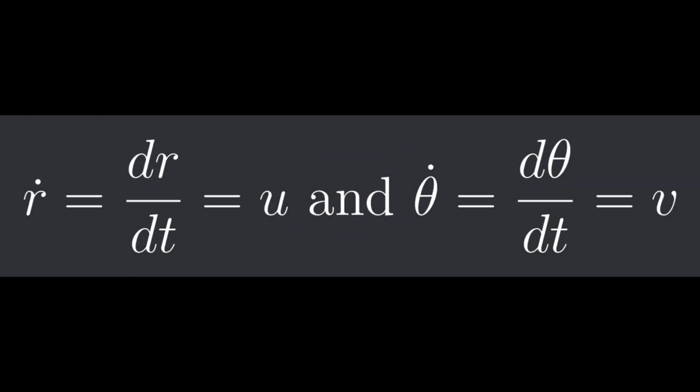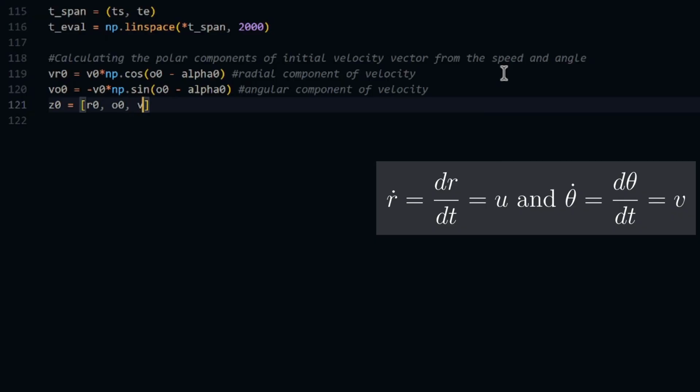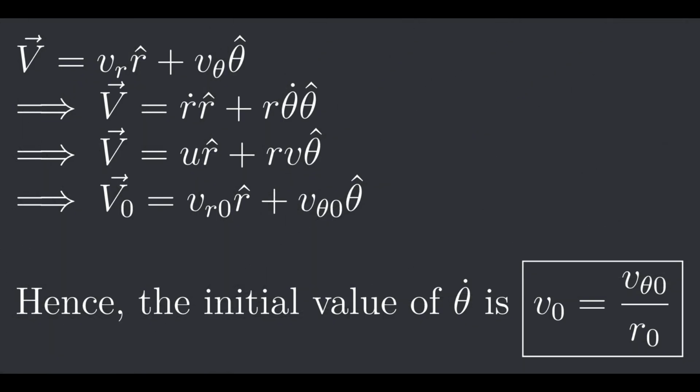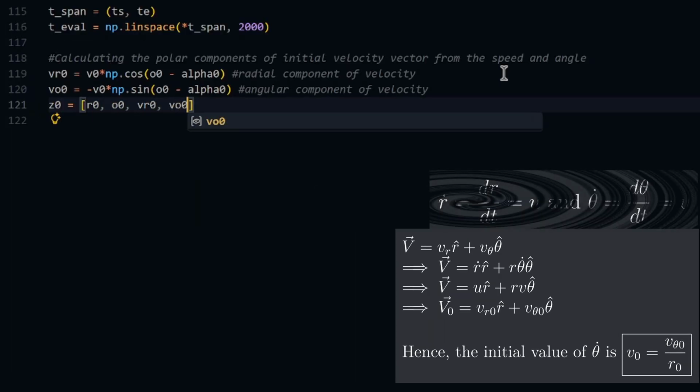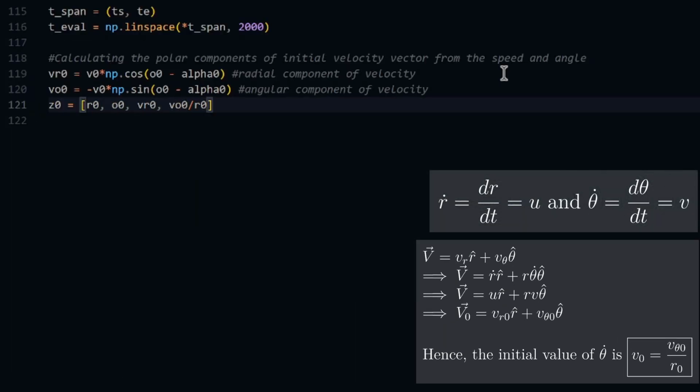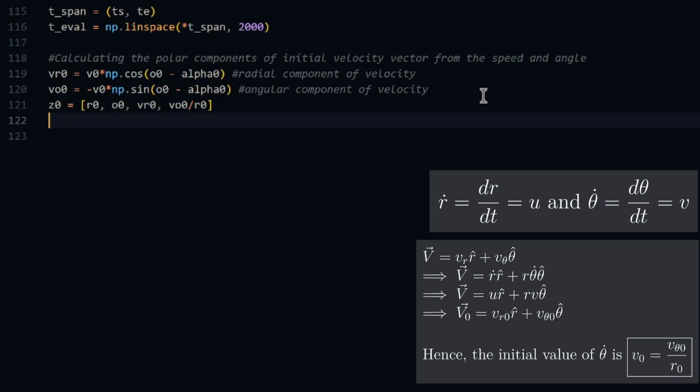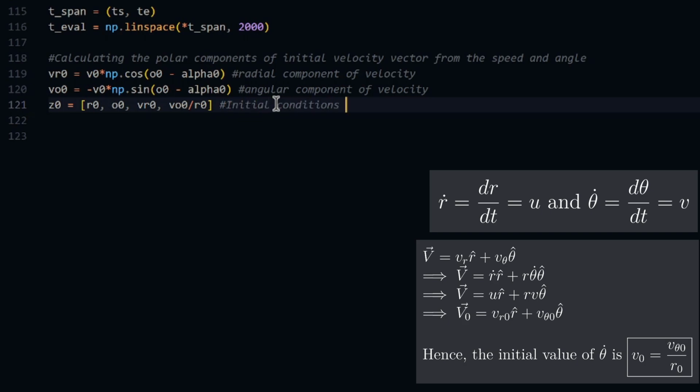Remember the two variable substitutions? As u is equal to r dot, which is the radial component of velocity, we plug in Vr0. But v, which equals theta dot, is not the angular component of velocity. So to convert V theta 0, which is the angular component, to theta dot, we need to divide it by r0, as the angular component of velocity is equal to r times theta dot.